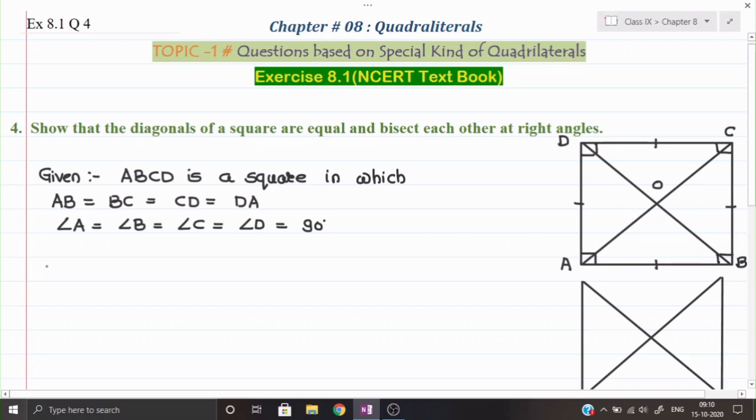Okay, what we need to prove here, that we shall mention. So we have to prove the property of diagonals.